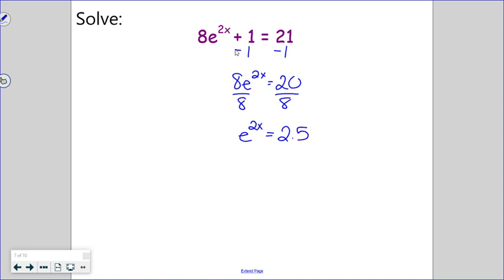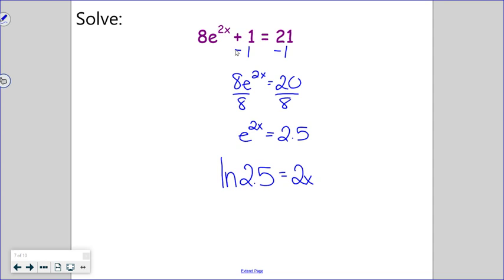Okay, now we have done that first step. We got rid of all outside numbers. I subtracted 1, I divided by 8, I am down to my exponential, and once I get to that point, we flip to the other format. If I am currently an exponential, I will flip to logarithmic. Log base e, there it is, natural log, of 2.5 is going to be some ugly number, equals the exponent 2x.